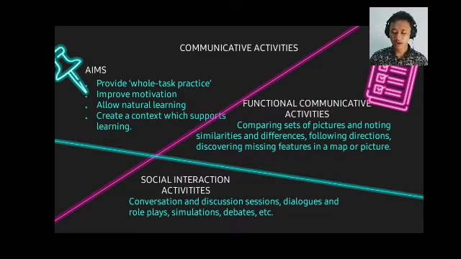Functional communicative activities examples are comparing sets of pictures and noting similarities and differences, following directions, and discovering missing features in a map or picture. Social interaction activities are like conversation and discussion sessions, dialogue, role play, simulation, debates, and etc.